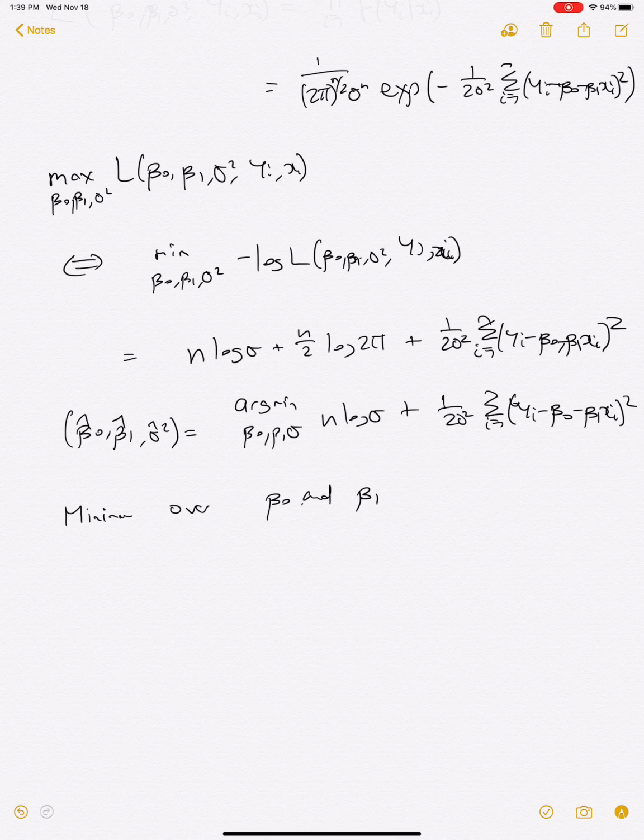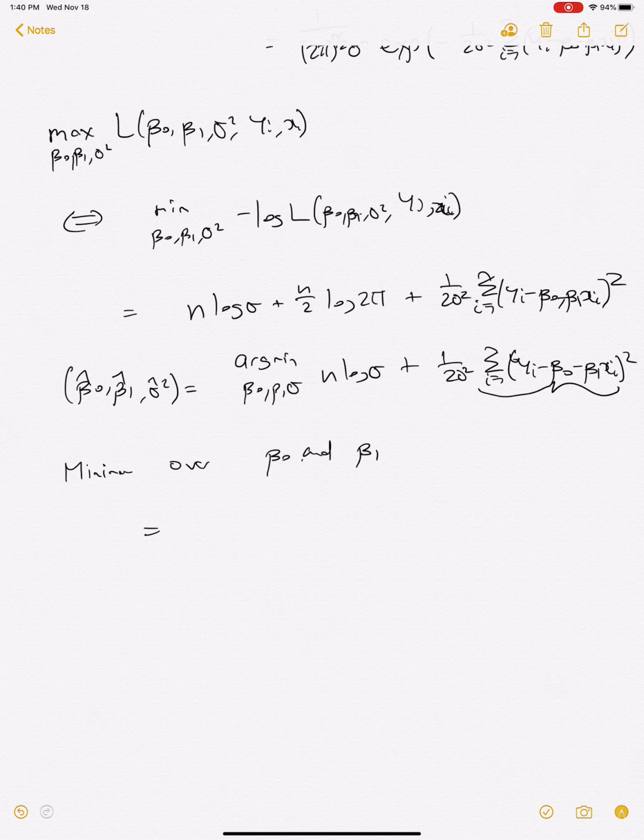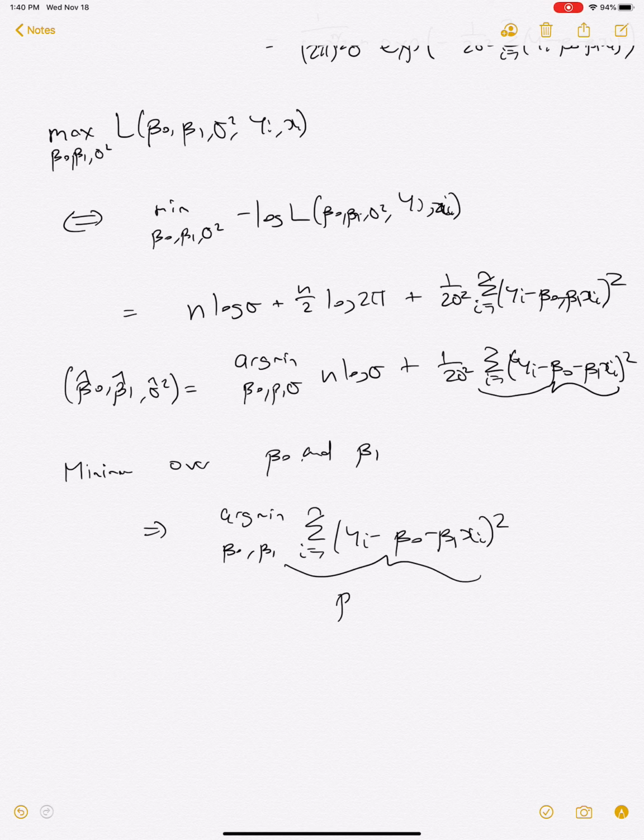And that doesn't really depend on sigma, because if you were to take derivatives, the sigma terms would go away. What you get is this: argmin over beta 0, beta 1 of exactly our residual sum of squares in beta 0, beta 1.